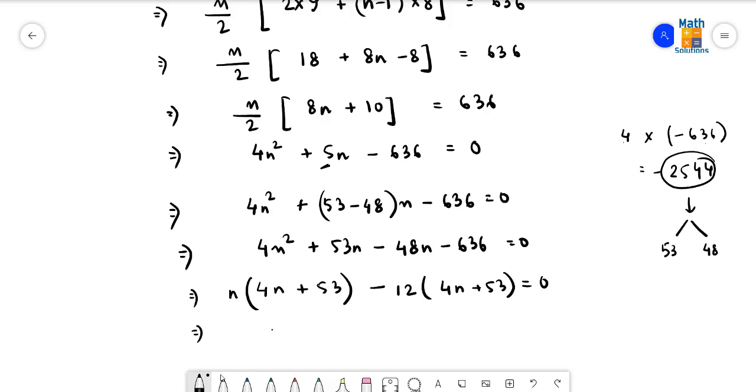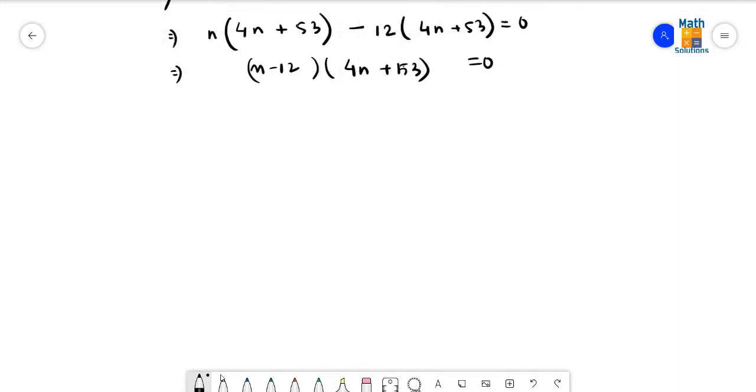So this will be (n minus 12) into (4n plus 53), that is equal to 0. So what shall I get here? Either n minus 12 is equal to 0 or 4n plus 53 is equal to 0.